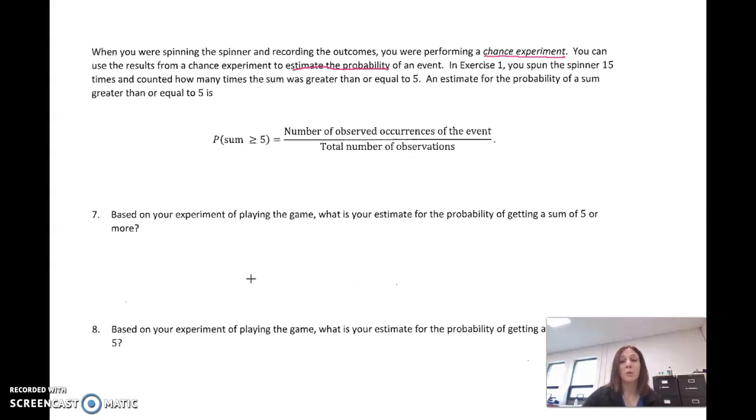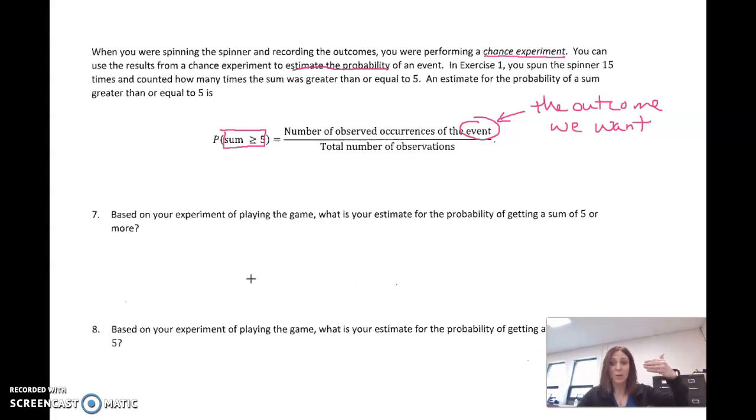When it says the number of observed occurrences of the event, this is the outcome we want. In this case, it was our sum being greater than or equal to 5.